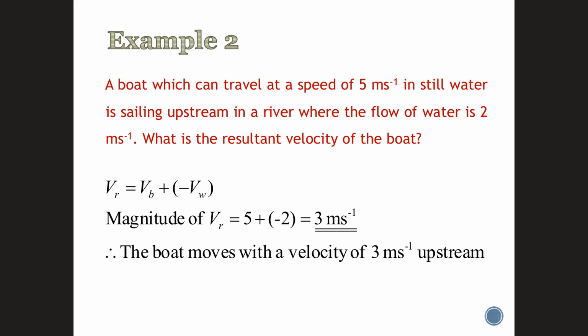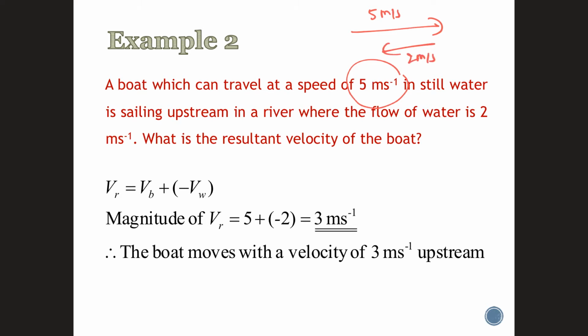Okay, so this is another example. A boat which can travel at a speed of 5 meters per second in still water is sailing upstream in a river where the flow of water is 2 meters per second. What is the resultant velocity of the boat? You have 5 meters per second in that direction, and then you have 2 meters per second in the opposite direction.